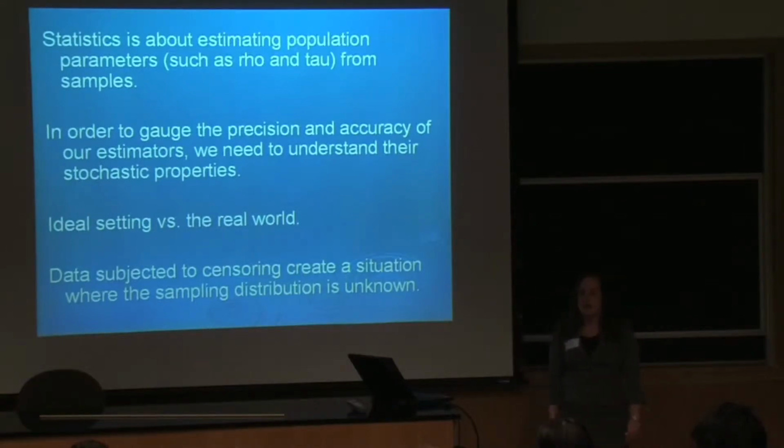Many times we have restraints on our data such that the sampling distribution is mathematically intractable. One of these instances is censoring. Censoring implies that we have n bivariate normal vectors, but we only observe p of them with the smallest p values. For data subjected to censoring, we do not know the sampling distribution.